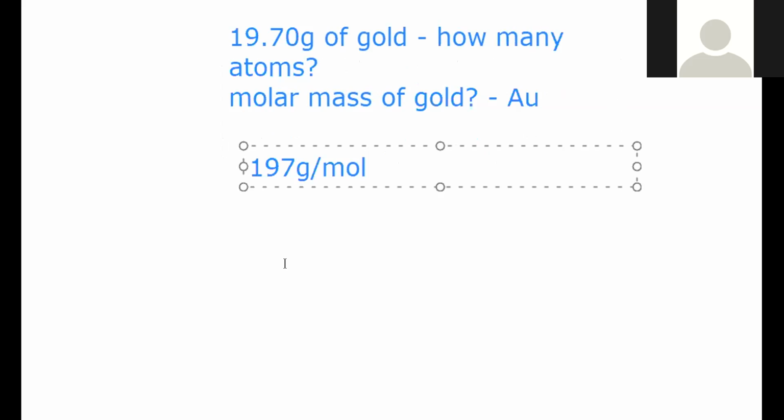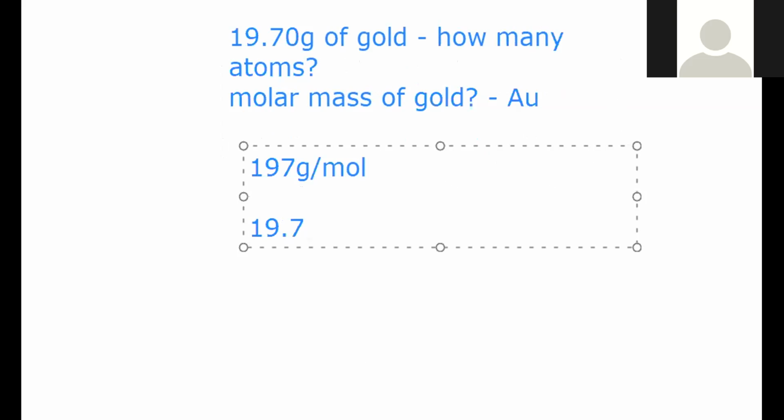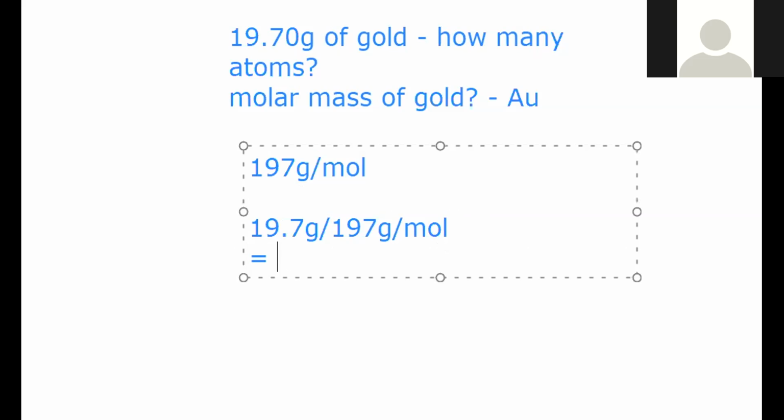So we would then divide 19.7 grams by the molar mass, which gives us 0.10 moles. All we're being given is the mass of gold, and again, this makes up stoichiometry, which we'll do next, I think. So we go from the mass of gold to the number of moles by dividing the mass in grams by the molar mass, which gives us 0.10 moles of gold.